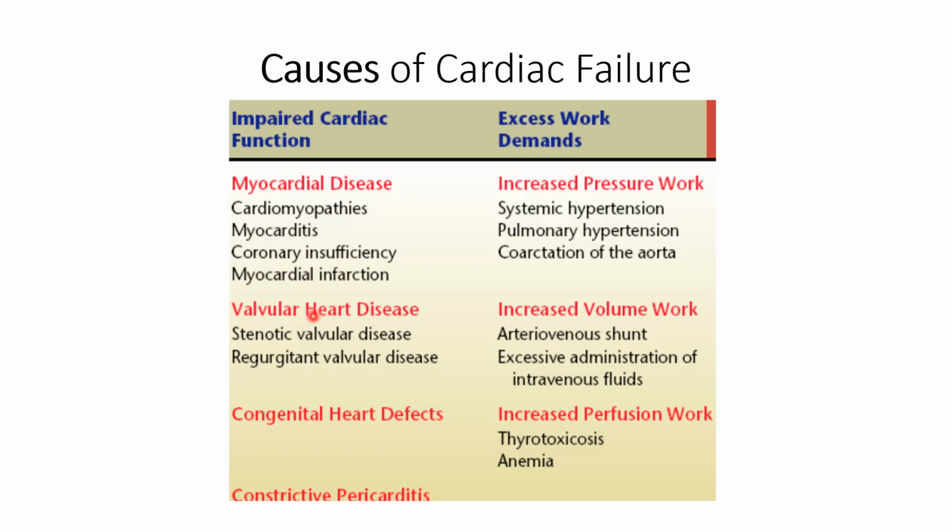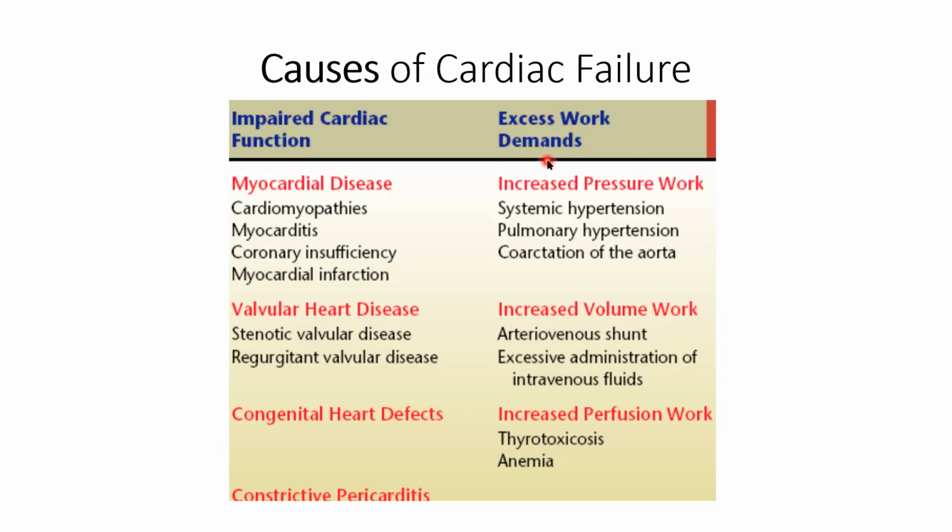There can be problems with the valve. Maybe there is stenosis or regurgitation, or maybe there is a heart defect right from birth. And if all of this is okay, the covering of the heart, the pericardium, may be problematic and can lead to cardiac failure.